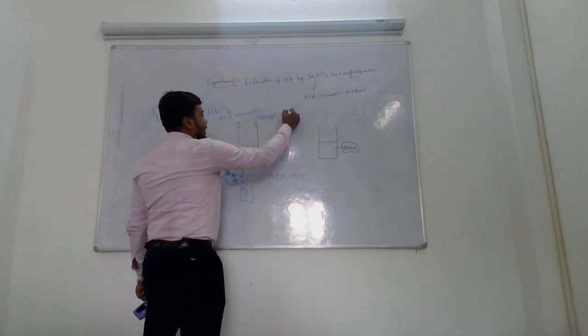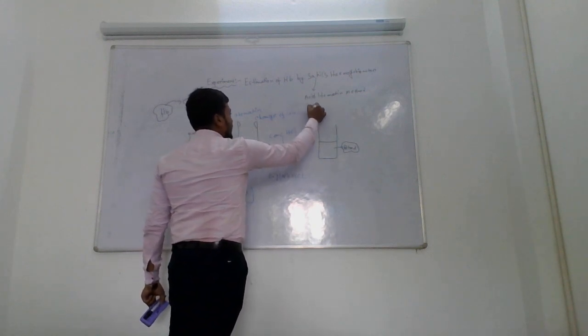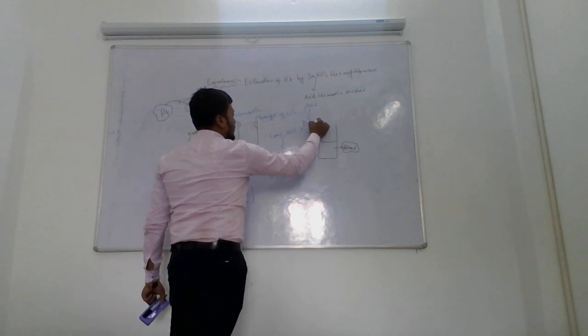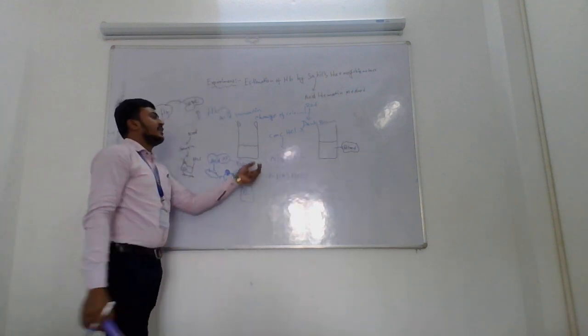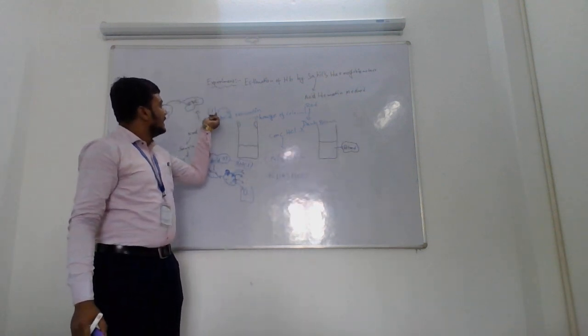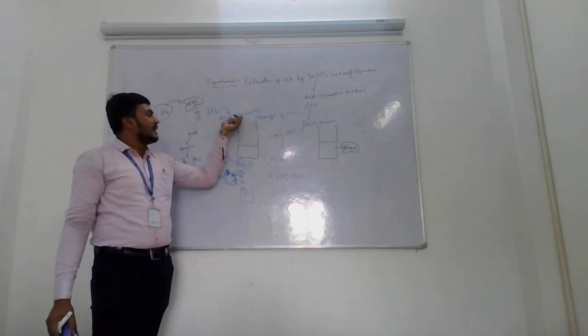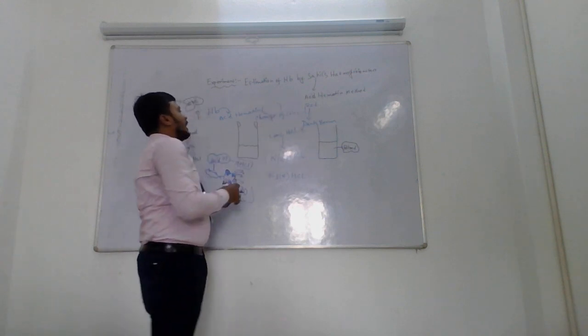Initially it was red, but now it changes to dark brown. By this we can confirm that the hemoglobin is converted to acid hematin, which is confirmed by the change of color of the blood.